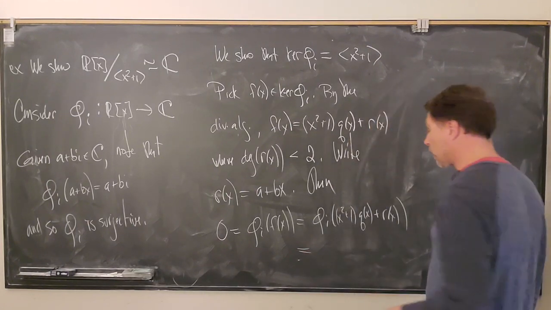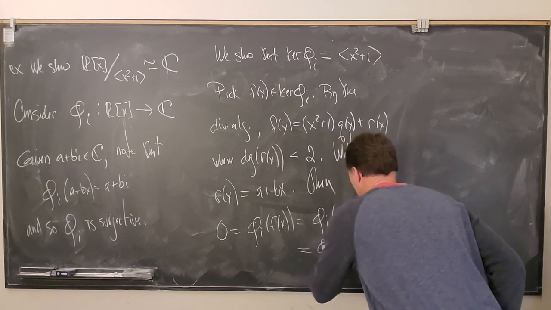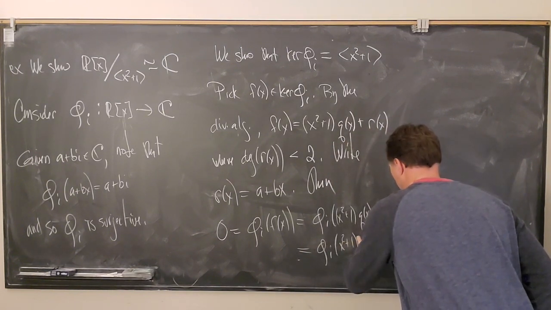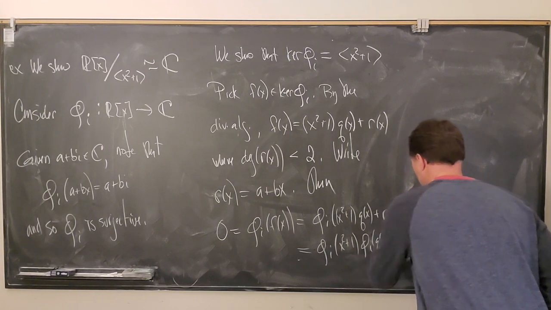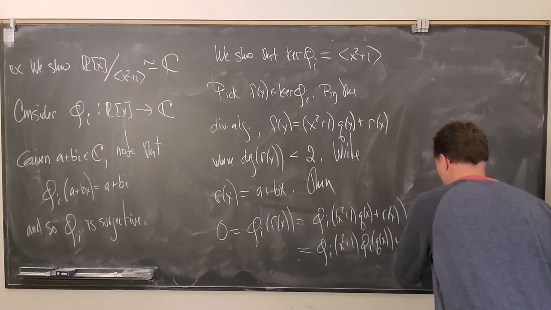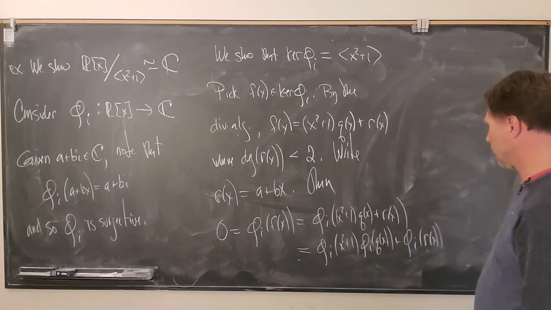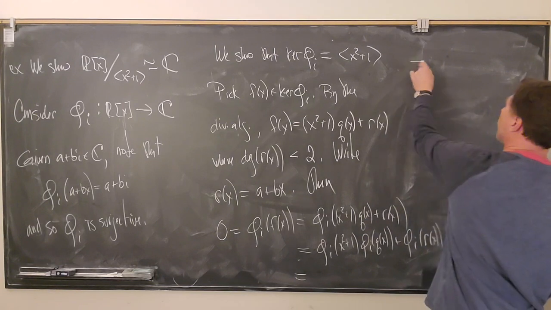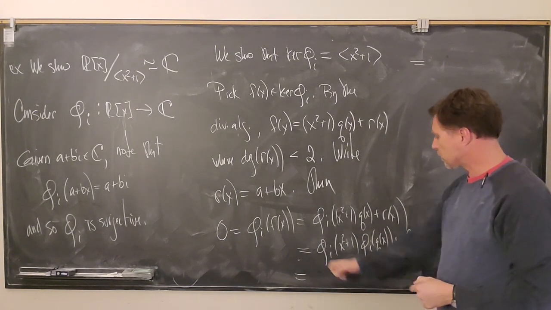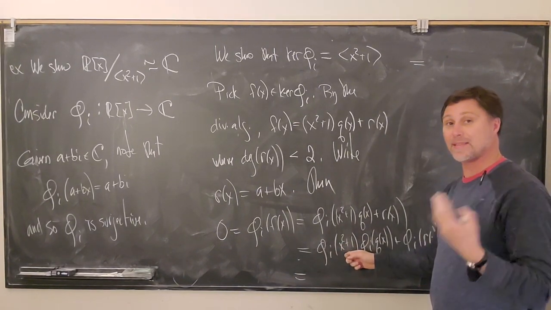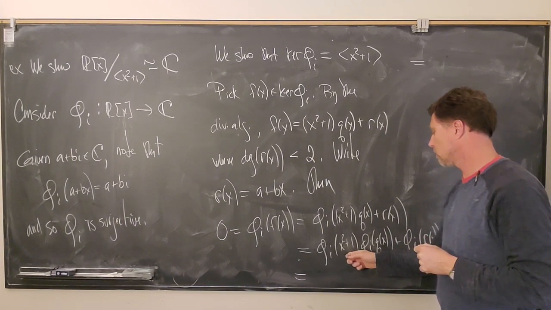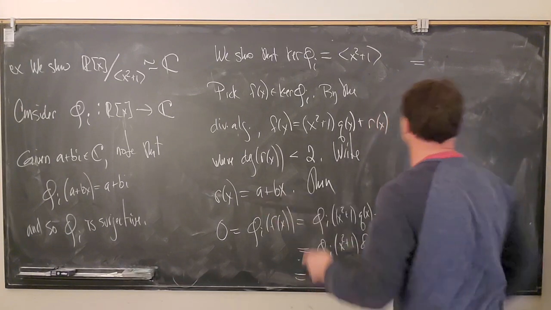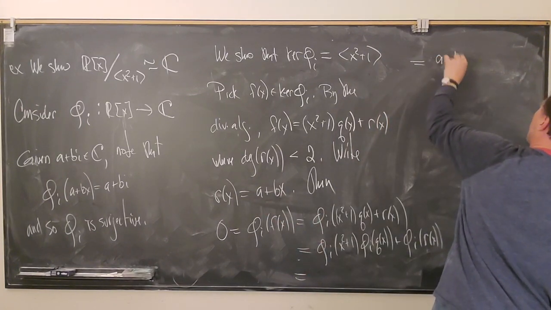Good thing we have a homomorphism here, so this is phi sub I of x squared plus 1, phi sub I of q of x plus phi sub I of r of x. I'm going to continue this equality, but I'm going to move it up to here where I've got a little bit more room. Notice what happens when we do phi sub I of x squared plus 1, that's 0. And so it's going to be phi sub I of r of x, which is equal to a plus bi.